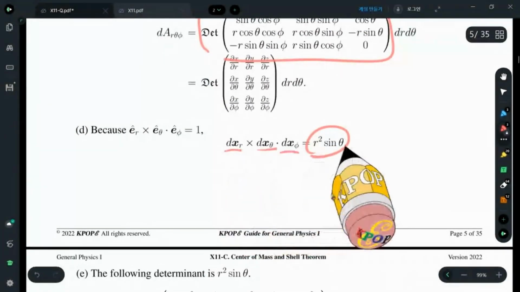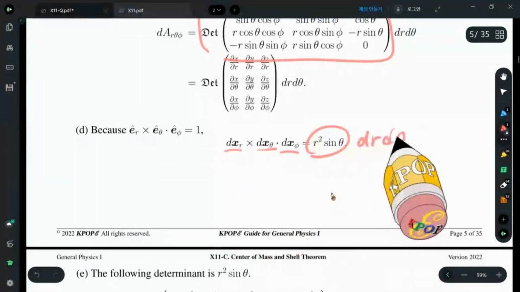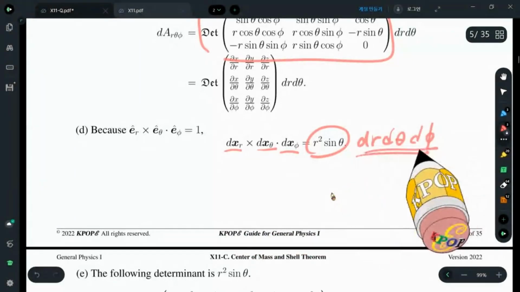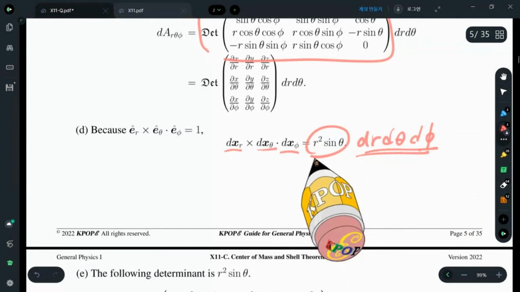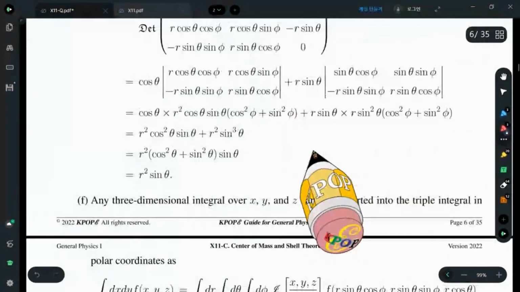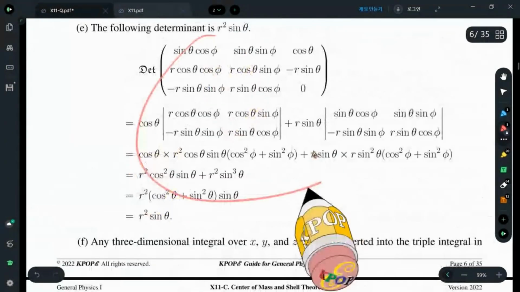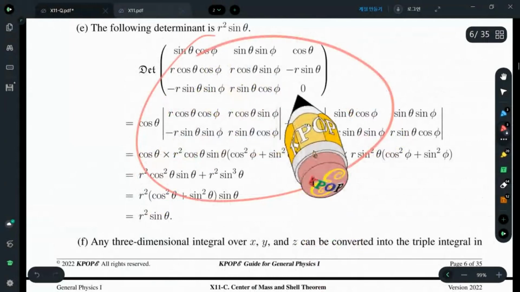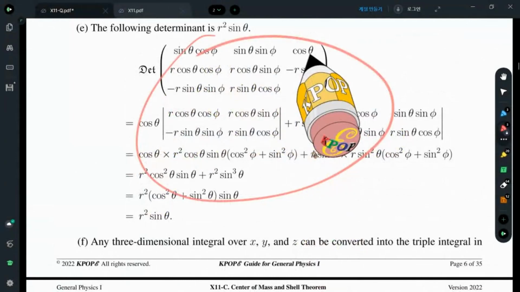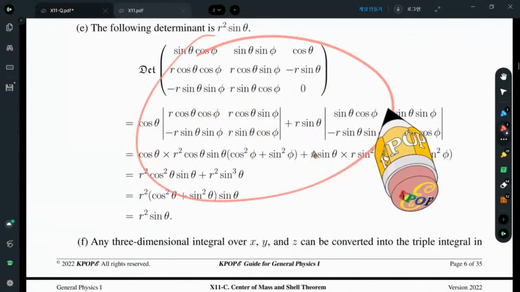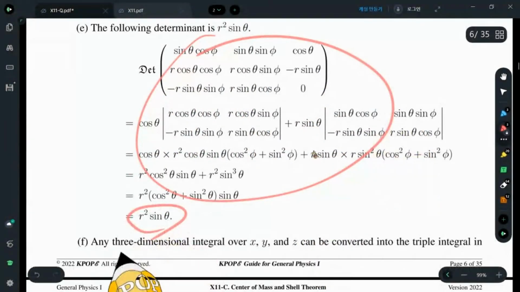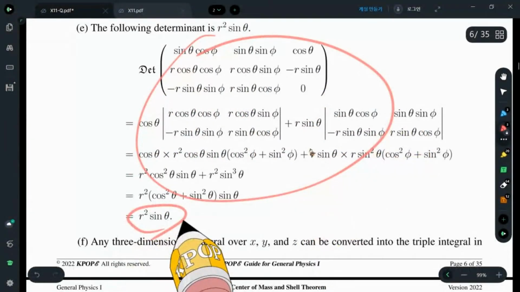However, this is the volume. In here we have dr, d theta, d phi, which is missing in this problem, right? Finally, this is just the details of computing the determinant, but it looks complicated. However, we know the answer. It should be in this form.